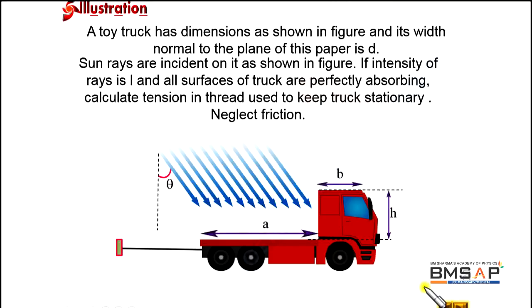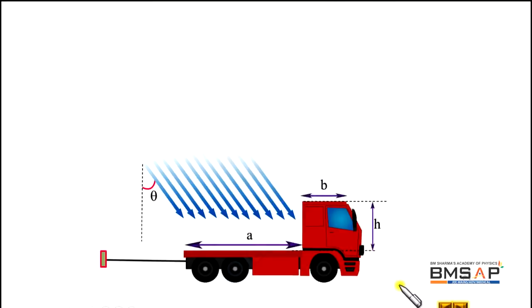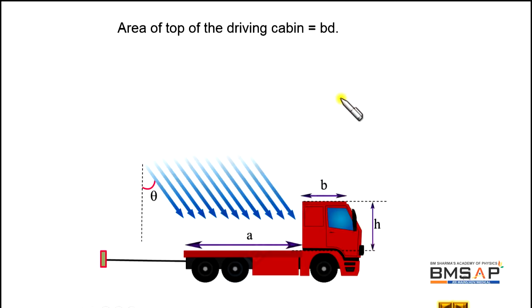So, let us move to the first part, that is calculation of the power incident on the truck, right? So, let us calculate the area of the various parts. First, let us take this surface. We know the area of this surface, as we discussed, is A multiplication D. Area of the top of the cabin is B multiplication D. So, we can write here area of the top of the driving cabin is equal to B multiplication D, right?